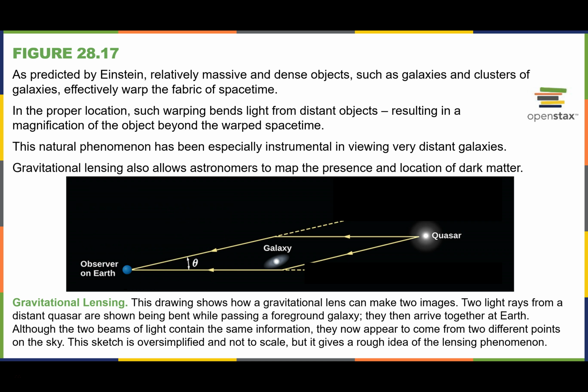Well, here we are over here on Earth, and we can see the galaxy, and as it turns out, the bending of this light, it would go this way, but it's being bent this way. So this is the normal trajectory. It's bent because of the presence of this object on space and time. And so to us, it looks like this quasar is here, but it's really here.